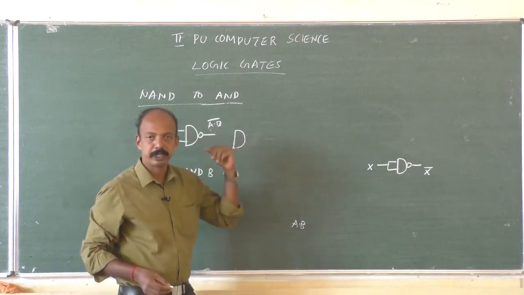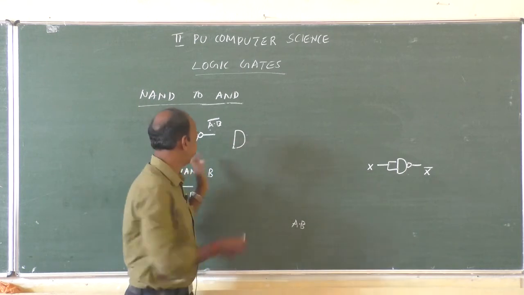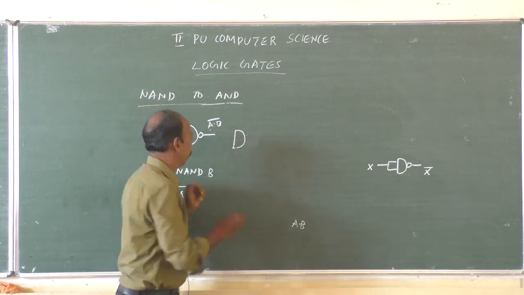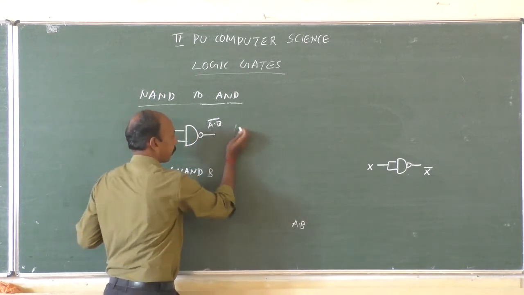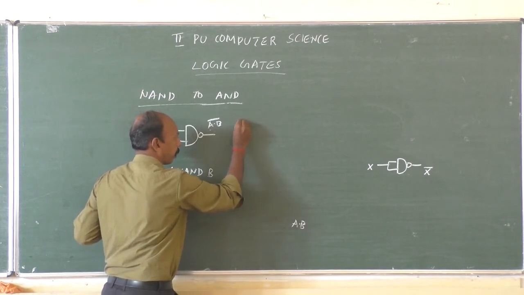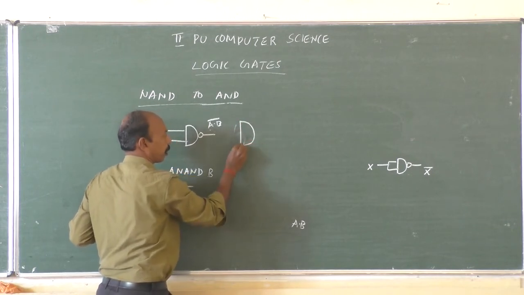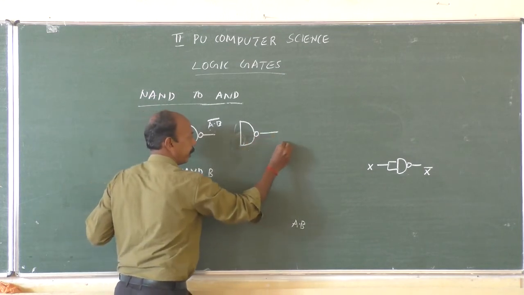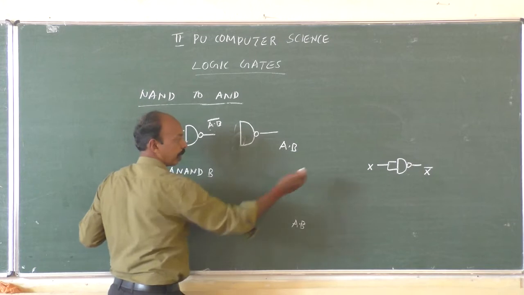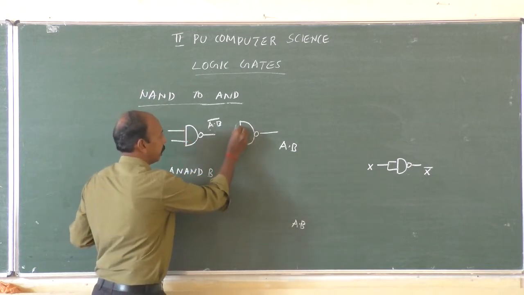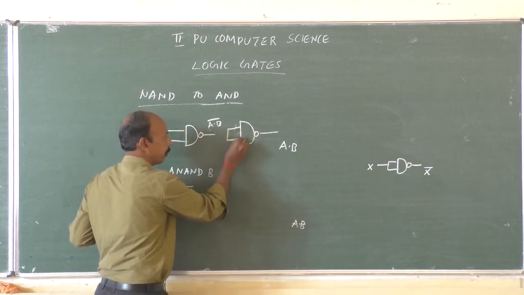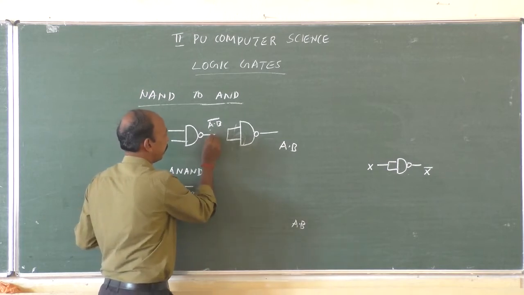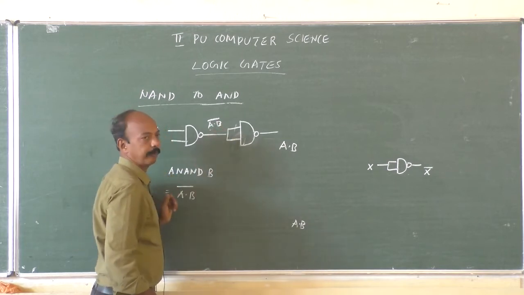Of course, in the first one we had only one NAND gate. In this we have two NAND gates. What should we do here? We have to get A dot B. Follow the technique: input the same value, that is A dot B whole bar.